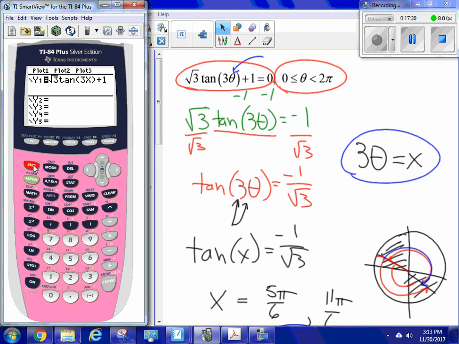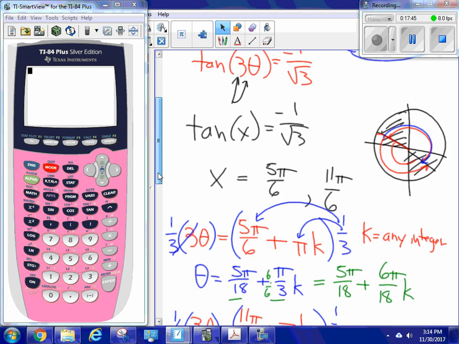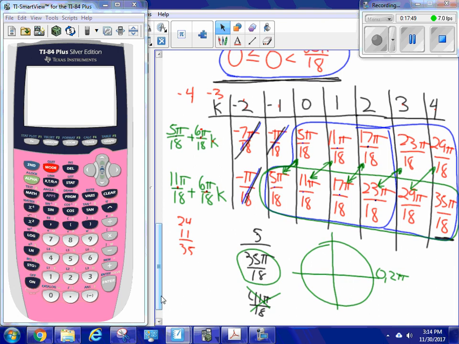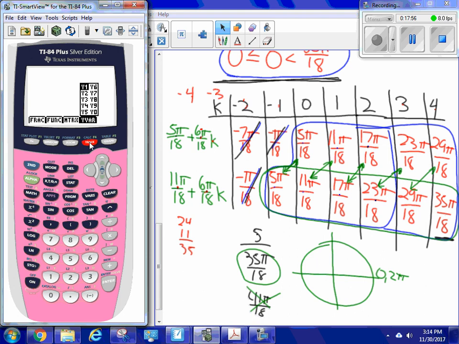So I'm going to go second, quit. I'm going to go back to my main page, and I would like to evaluate that function for some of these angles right here. I'm going to go alpha F4, and it gives me a list of all of the y functions I've entered. Well, I've only entered the one in y1.